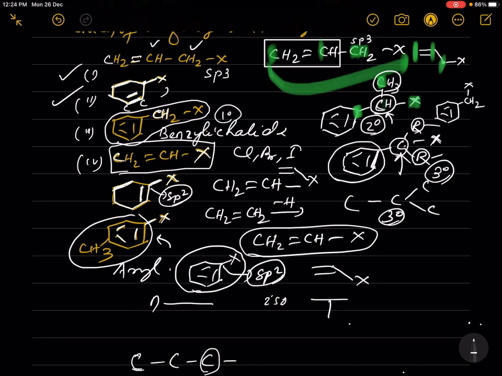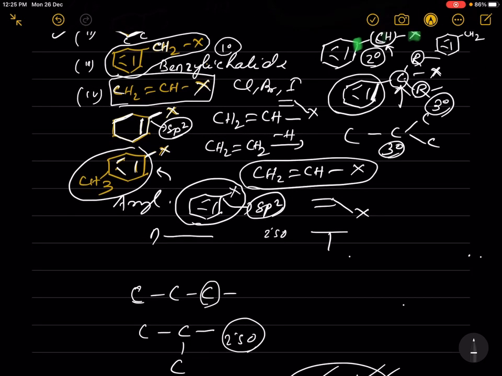And the number of halogen atoms in the aryl halide may be 1, 2, 3. If 3 halogen atoms are attached to a benzene ring, then that is a trihaloarene.